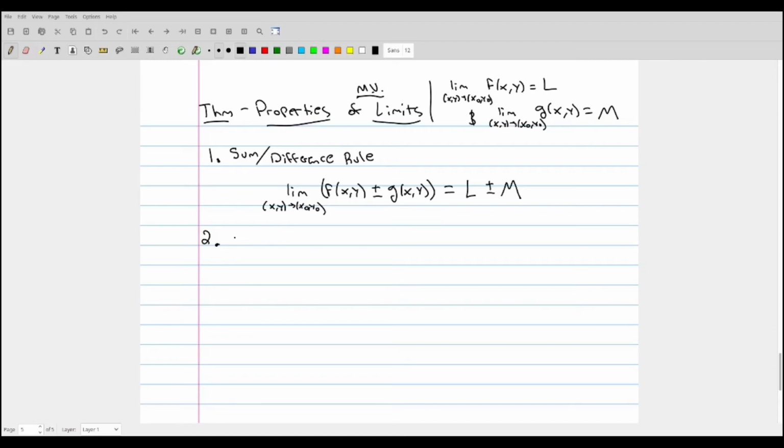So the next limit law, limit rule, is the constant multiple rule.